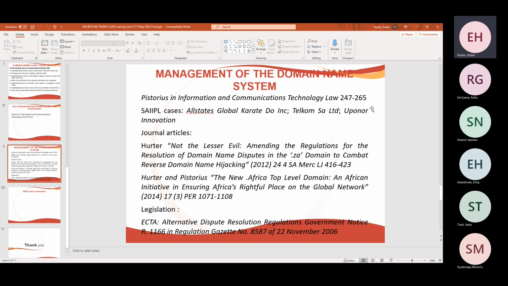Now, just to highlight a few things to look out for there. A domain name dispute is basically based on three very important principles, and that is, if you have a look at the UDRP or the regulations, you'll see they are very similar, but there are also very important differences.